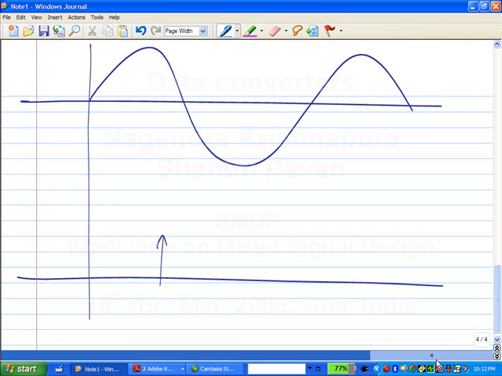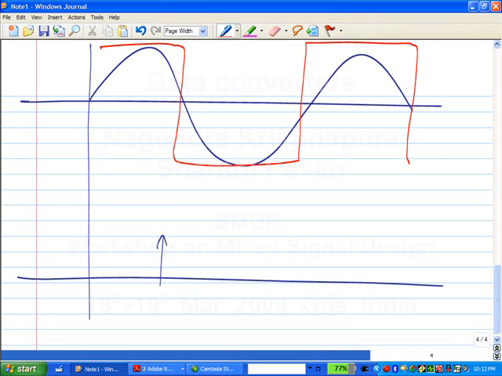I don't really care about how much it is. What will I get? I may get something like this. So what will the spectrum of this look like? What is the spectrum of a square wave? What is the Fourier transform of a square wave? What will you get?